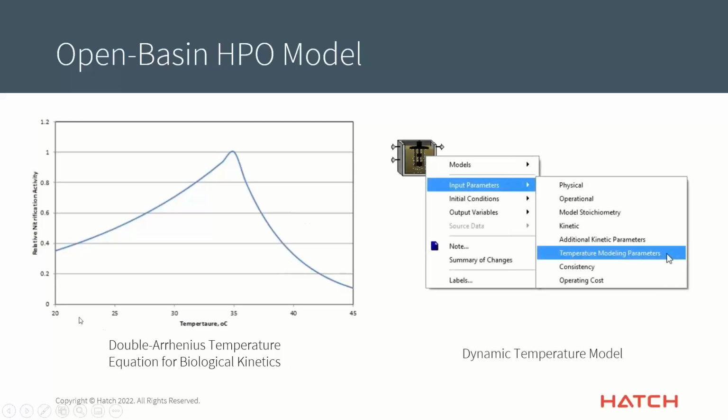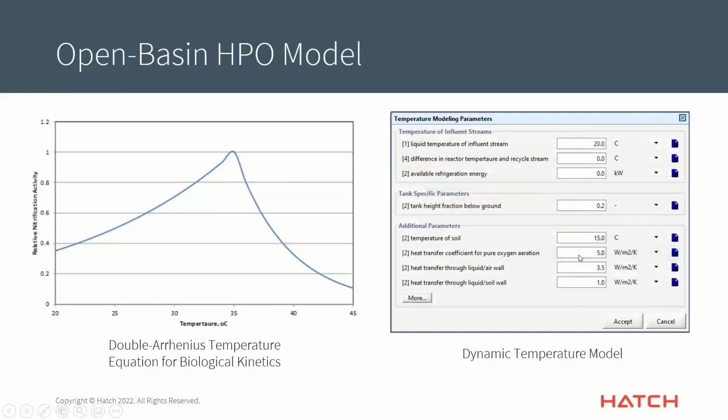Now, the temperature we're operating at can be determined two ways. One is you can set it directly, just as you would any other object in GPSX. Or we actually have a dynamic temperature model. This is only for this one object. If you open up this menu here, it allows us to predict what we think the temperature is going to be.